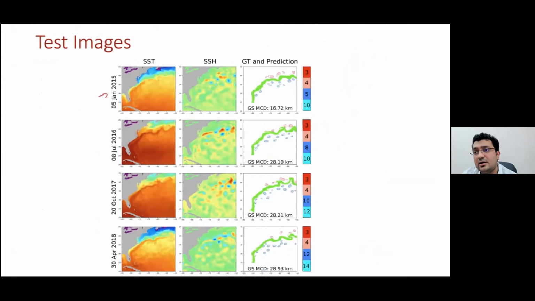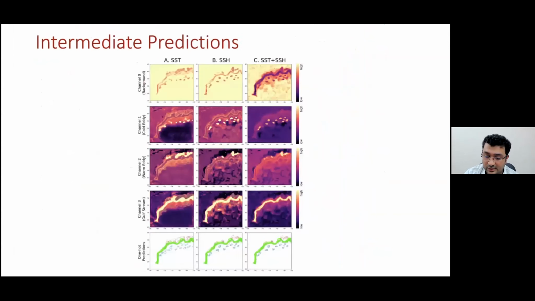With just saying that the network performs really well, we try to understand what happens within the network. So we look at what intermediate predictions come. And you can really see here that both the SST and SSH sides of the network, because the loss is flowing to both sides, are really trying to learn all these three features.